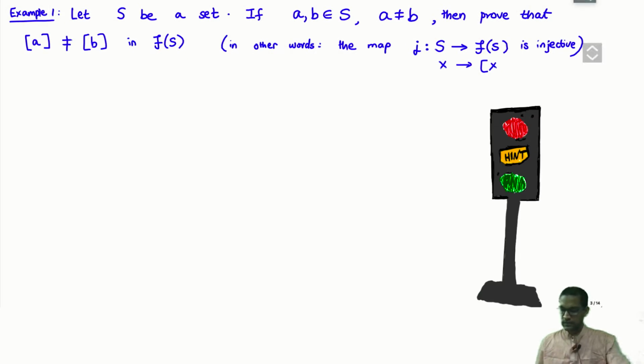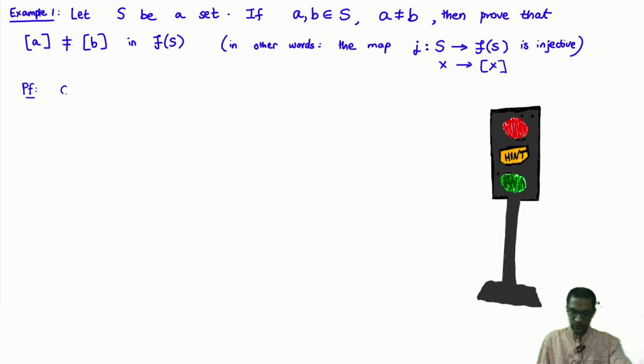Now, for those who want a little bit more of a hint to try this problem, here's the very first thing. So observe, what is it that we really want to prove? Let's proceed by contradiction here.